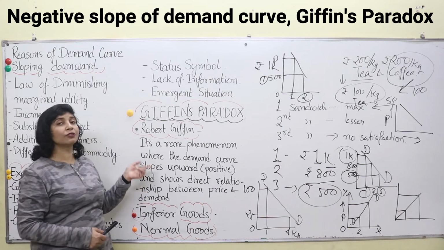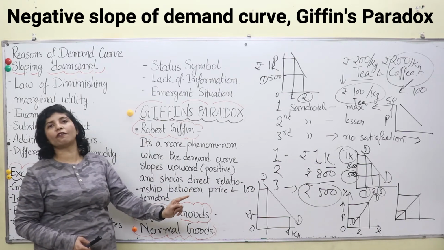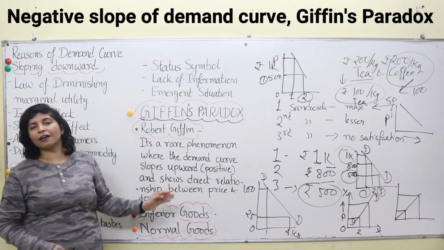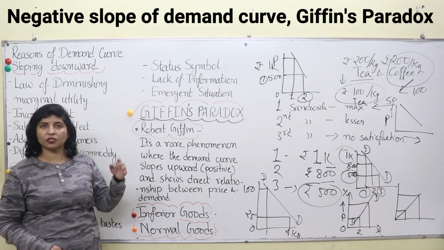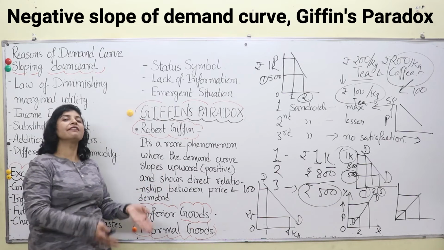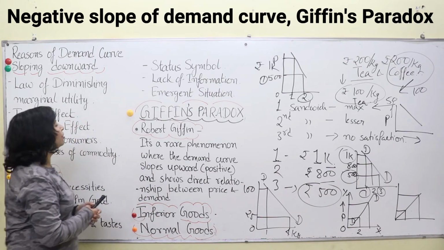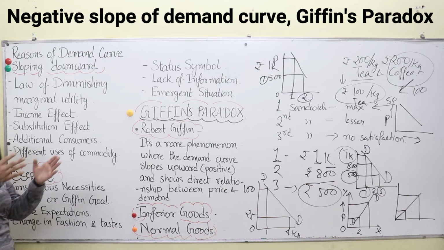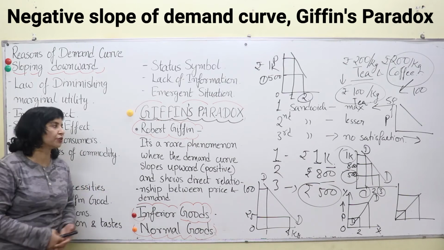In that case also, that situation defied the law of demand, and the demand curve was positively sloped and not negative. That means with increase in price, demand also increased. They thought that thing won't be available in future.